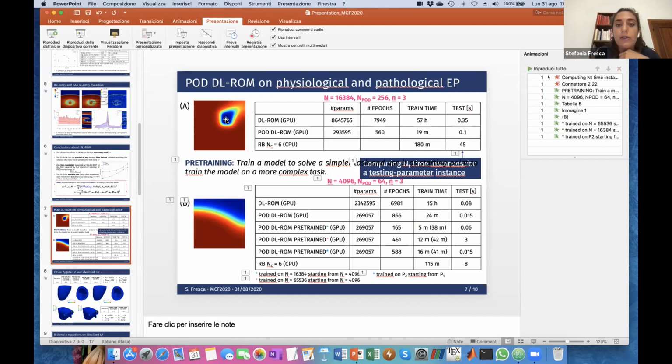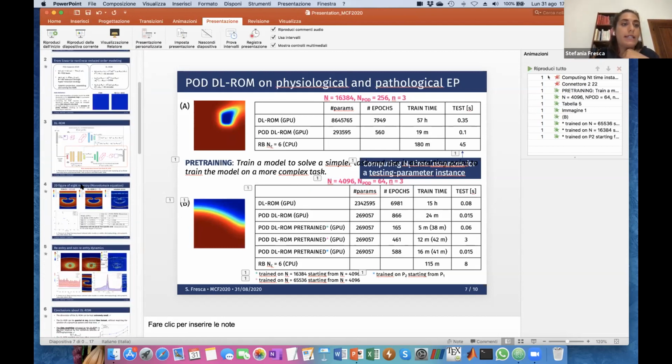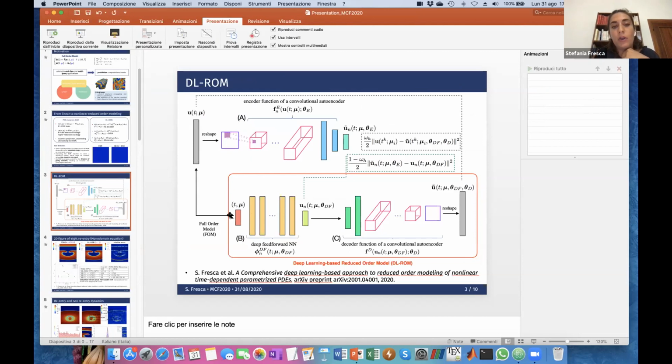I didn't try other types of heterogeneity, but this is work in progress, and I guess it can be very applicable and very interesting to do. The only thing you might have to take into account is that if you have a spatial distribution here, you probably have to change the network, because you will have a tensor in input, and probably you have to change this network to a convolutional neural network.